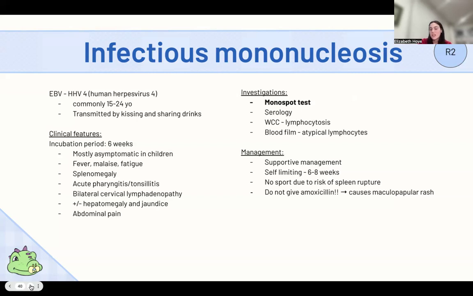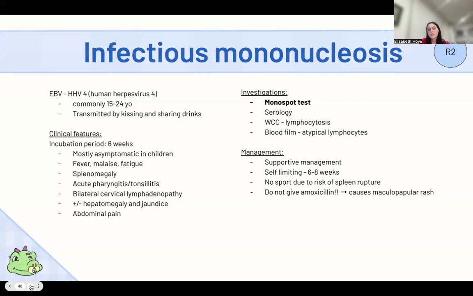The investigation is a monospot test. That's gold standard. You can also check for lymphocytes on a blood film or do a white cell count, which is, I guess, routine anyway, but looking for that. And then management is just supportive, really. It's usually self-limiting up to 2 months.